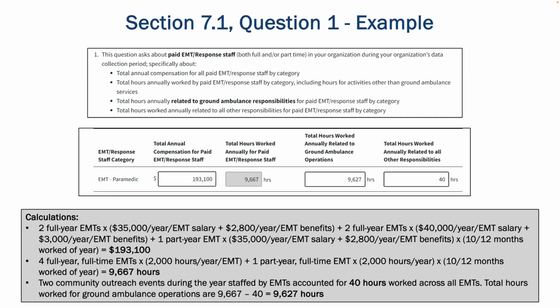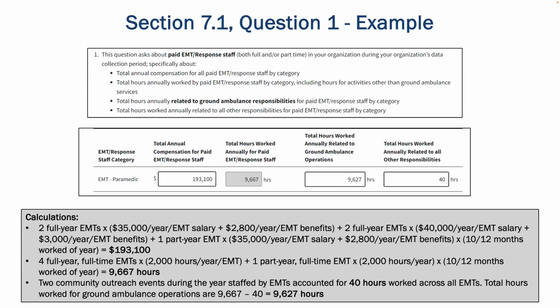In this example, these paramedics spend a limited amount of time doing community outreach, such as running bike safety programs at schools that total up to 40 hours across 5 paramedics. The organization subtracts these hours from the total hours worked to get 9,627 total hours related to ground ambulance operations.